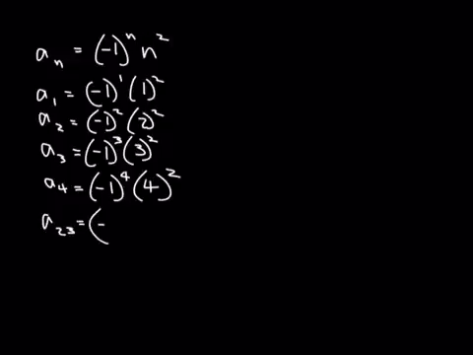For the 23rd, this will be (-1) to the 23rd power times 23 squared. Notice what happens with these -1s: if the exponent is odd, the answer is going to be negative. If the exponent is even, it's -1 times -1, which is +1. -1 times -1 is +1, times -1 is -1. So an odd number in the exponent will make your answer negative.